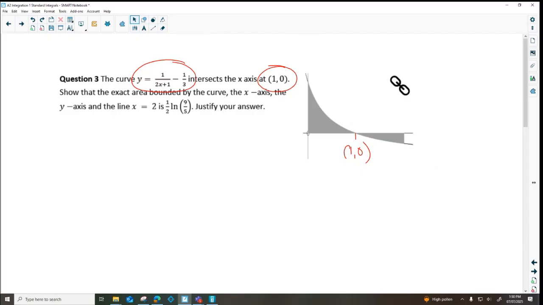I've got to show that the area bounded by the curve, the x-axis, the y-axis and the line at x is 2, so this total area here, is given by a half ln 9 over 5. And it asks you to justify your answer. Please pause the video and have a go at it. Then I'll go through the answer.